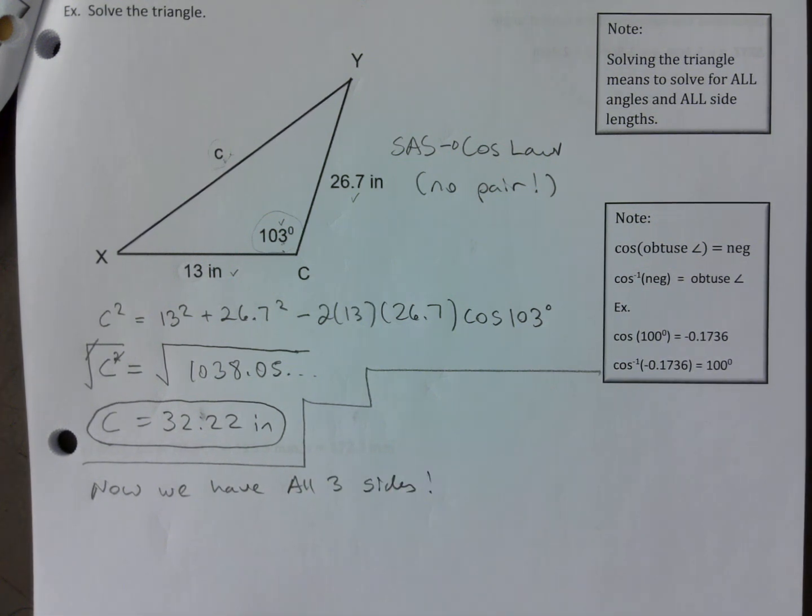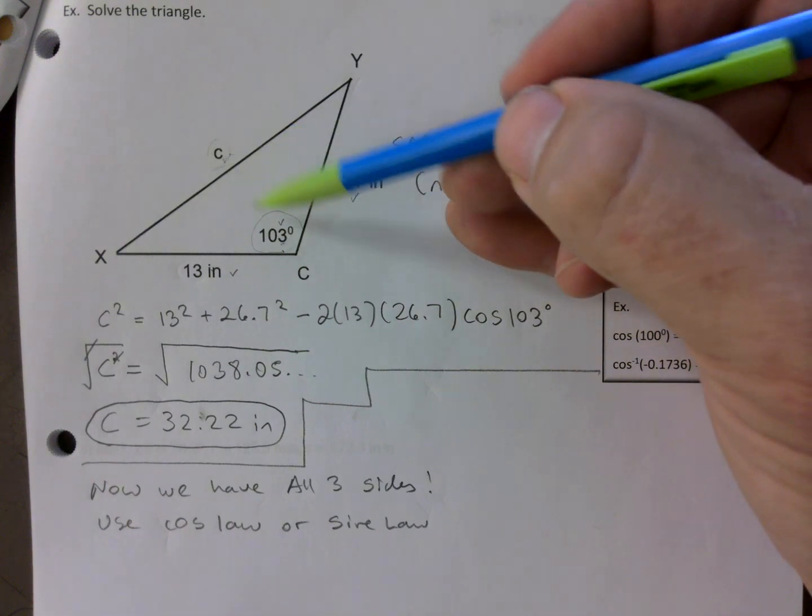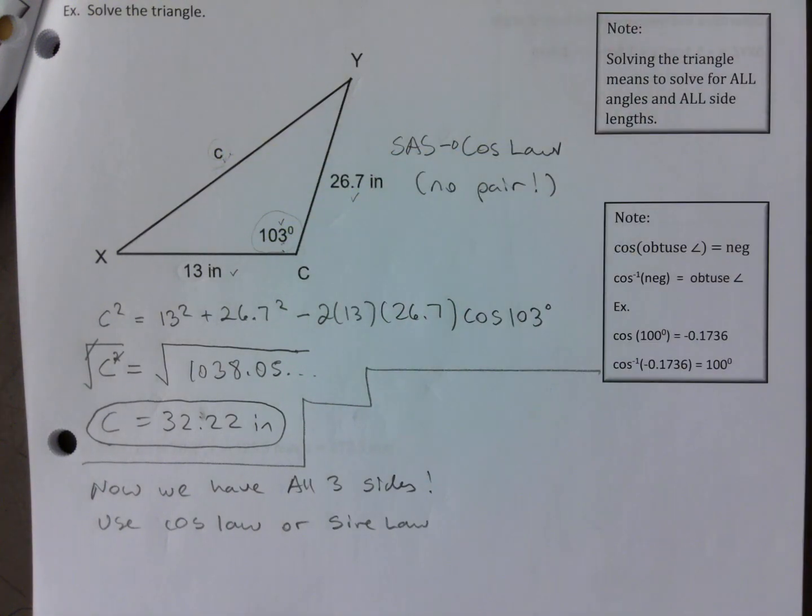Okay, use cosine law or sine law. Like you also have a pair, by the way. You found side C. I'm going to just use cosine law because we want to practice cosine law.